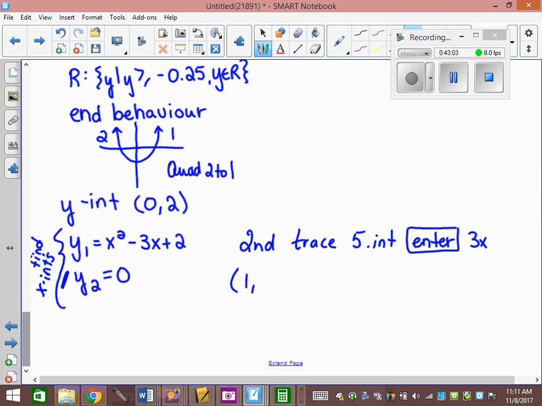Either way, I got 1, 0. You have to do it again to get the other one. So you'll go second, trace, 5. But if you just hit enter again, it'll keep finding that same one. You have to move closer to the other one and go enter, enter, enter. And then you get 2, 0.